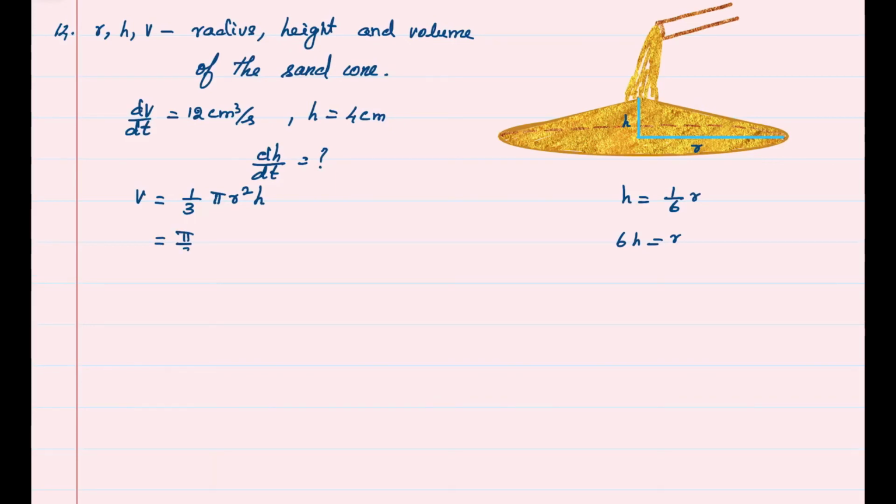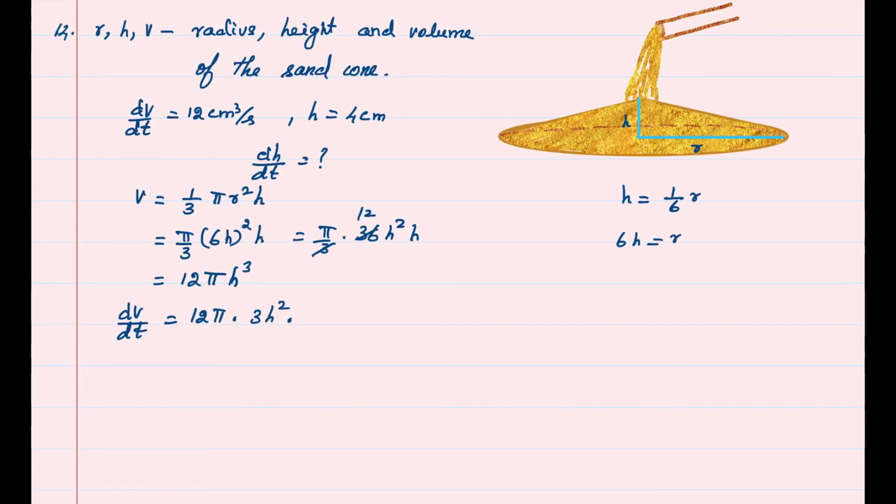Pi by 3 times r is 6h, 6h the whole square times h. Pi by 3 times 36h square into h. 12 pi h cube. Now we will differentiate with respect to t. dV by dt is 12 pi times 3h square times dh by dt.